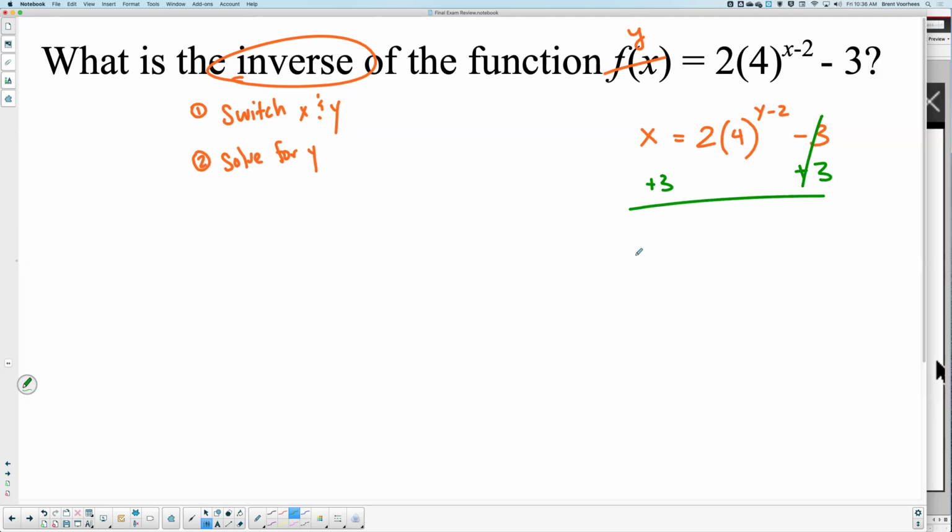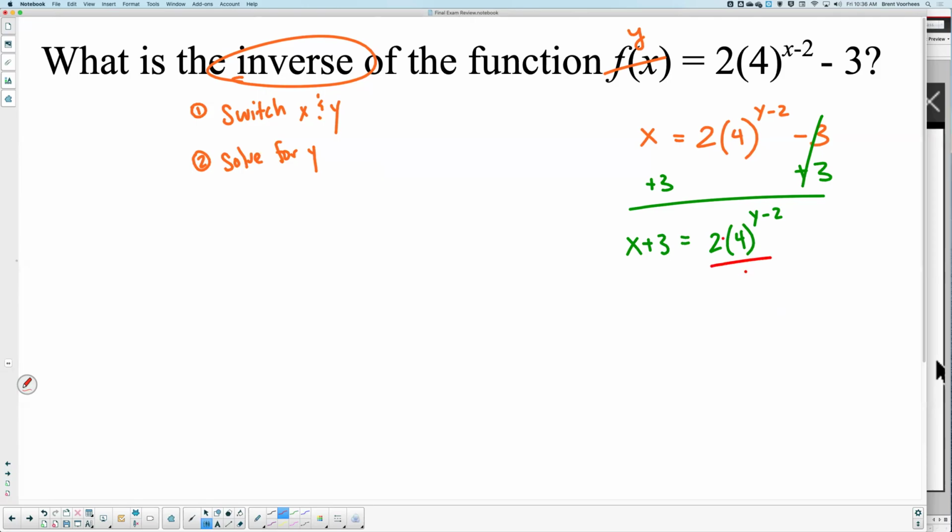Good. So when I add 3, I have x plus 3 equals 2 times 4 raised to the power of y minus 2. Now what? We're trying to get the y by itself. What do I get rid of now? What's on the most on the outside? I can't add 2 because that's in a power. Divide by 2.